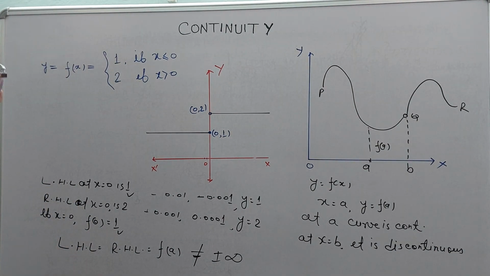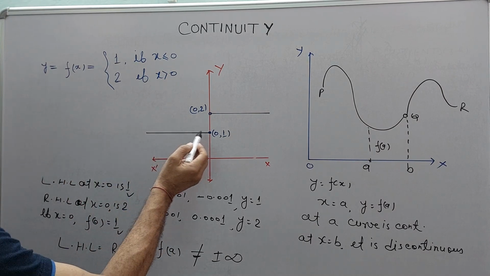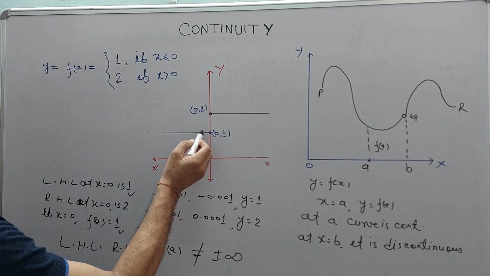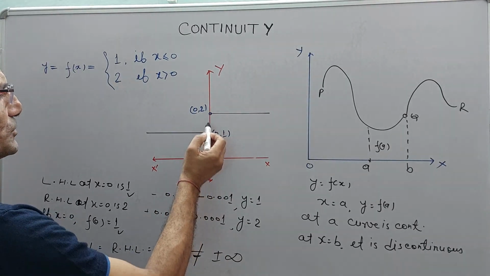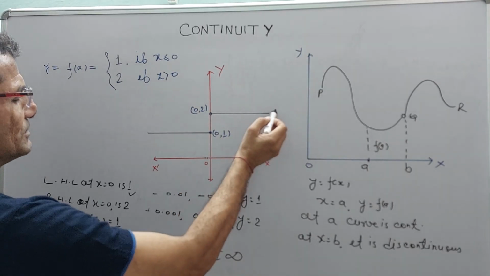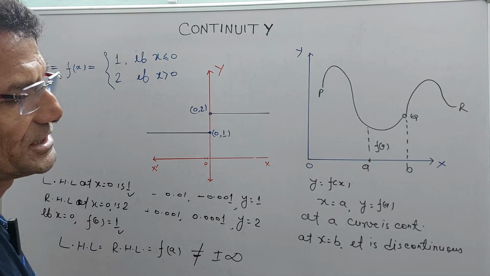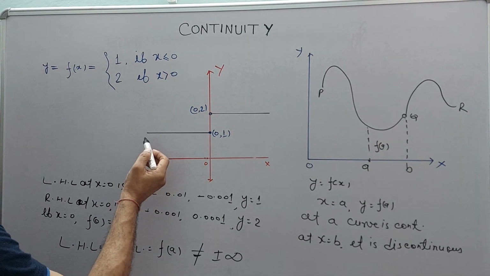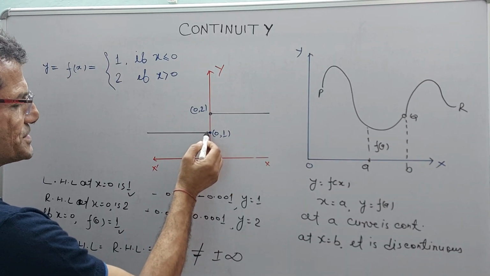Now another case: if I take a pen and start from minus infinite toward zero along the negative side, and go through the curve, we have to lift our pen from here to here. So there is a gap at x equal to 0, and the function is not continuous at x equal to 0, because we cannot draw smoothly from minus infinite to plus infinite; we just jump from here to here.